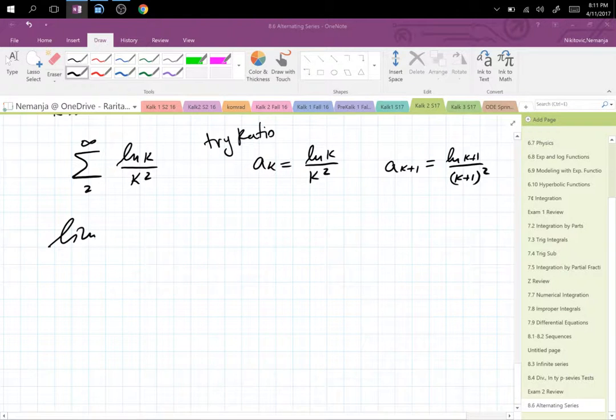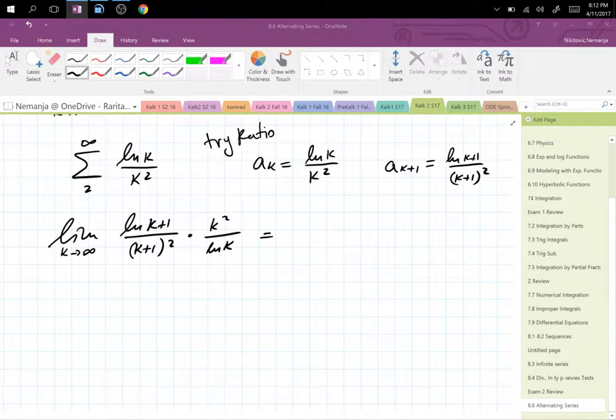So we have the limit as k goes to infinity of ln of k plus 1 divided by k plus 1 squared times k squared over ln k. All of these functions have the same growth rate. So the limit over here is exactly 1. Test is inconclusive. So we can't use ratio test.